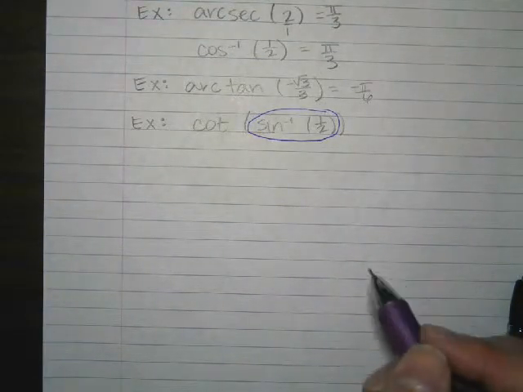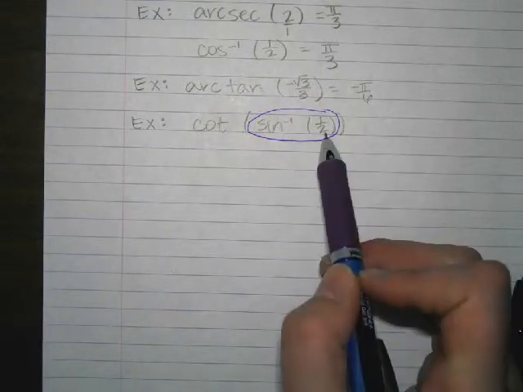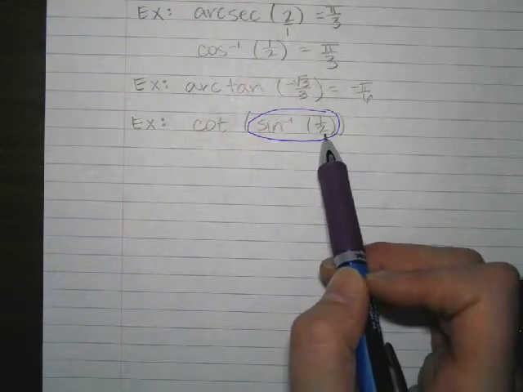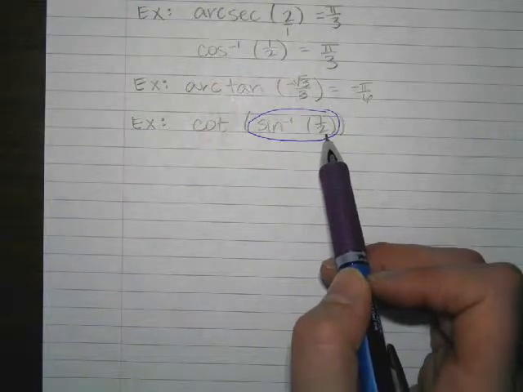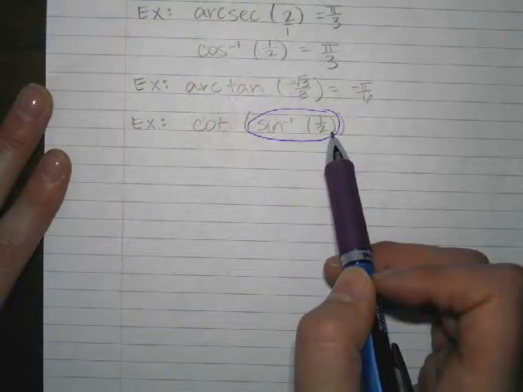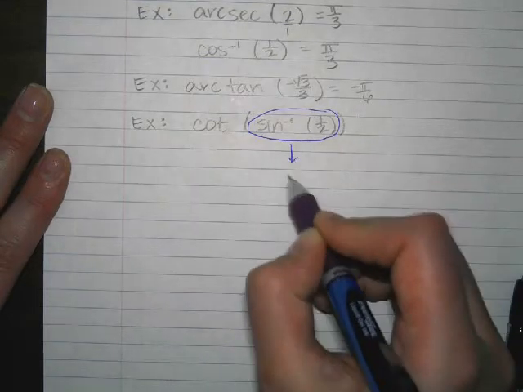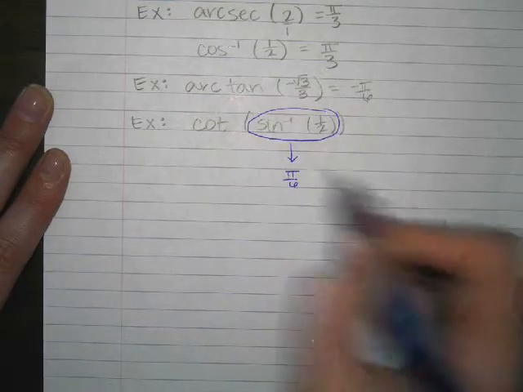means that I'm looking at my unit circle in quadrant 1 or 4, and I'm looking for where there is a y coordinate of 1/2, which is where? Pi 6. So this answer right here is pi over 6. All right?